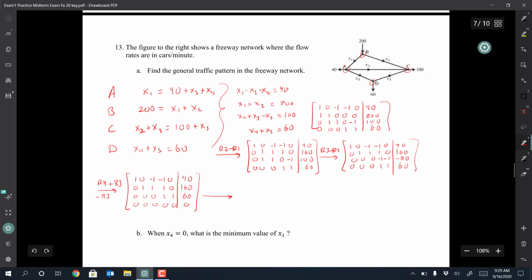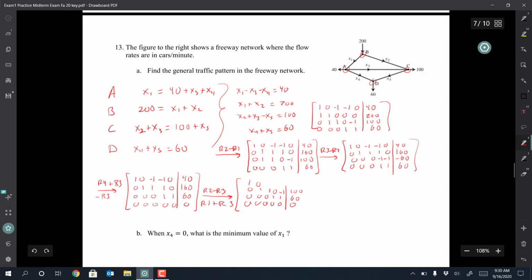Okay. A couple more row operations now. Almost done. We're going to take row 2 minus row 3. So row 4 will stay the same. Row 3 will stay the same. Row 2 will become 0, -1, 100. We're going to take row 1 plus row 3.